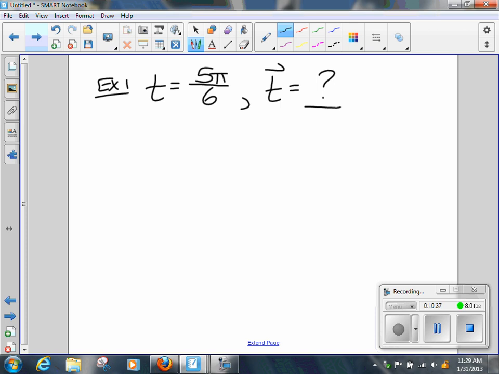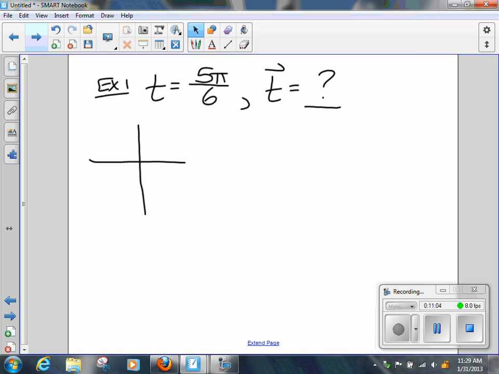I want to know what the reference angle is. Some of you will be able to look at this and go, I know what it is already, because in your head, you're thinking math. If you're visual like I am, the first thing I'm going to do is graph it, because I need to see that leftover portion, that piece that's missing.